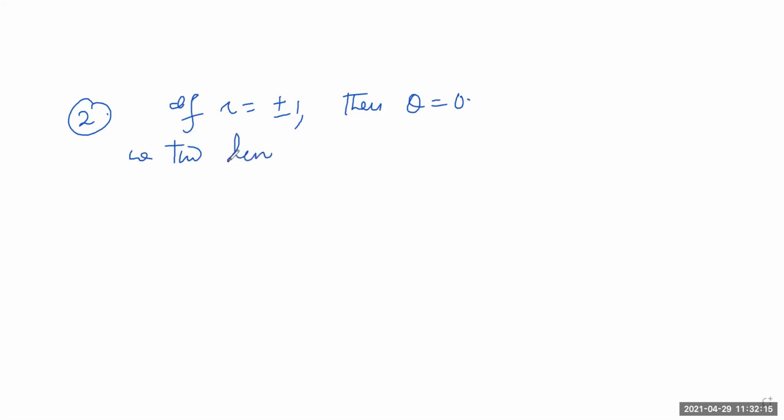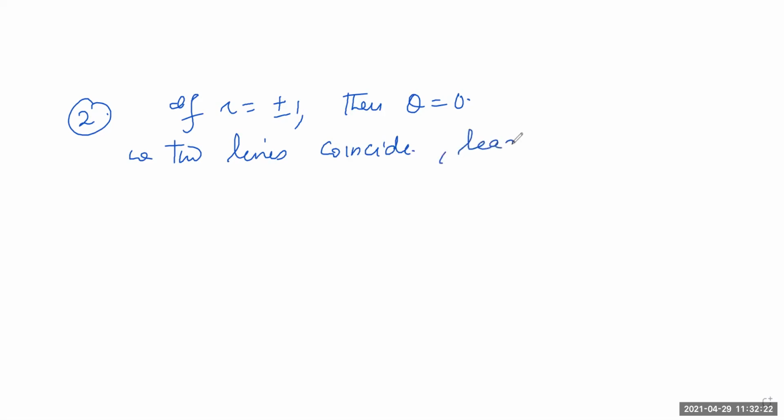Then number two, if r is equal to plus minus 1, then theta is equal to 0. That is, the two lines coincide.